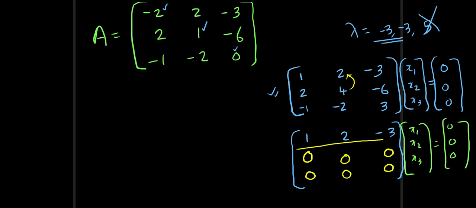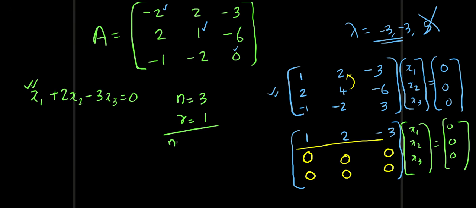I hope you're very good at solving equations now. So I'm going to write the system x1 plus 2x2 minus 3x3 is equal to 0. We have only one equation and we have 3 unknowns. So the number of unknowns is 3 and the rank is 1.